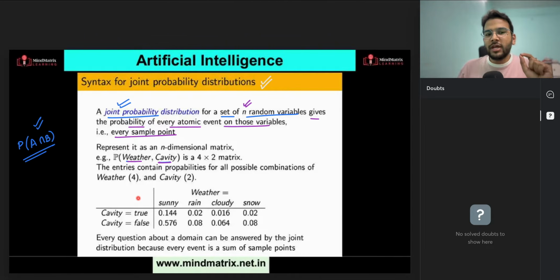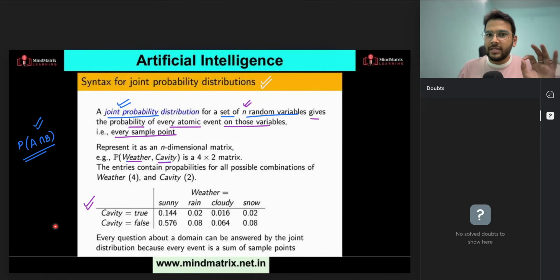That's why I was saying that joint probability distribution can answer any question. For example, if I ask you a simple thing, you all have to answer based on this table. What is the probability of weather being sunny and cavity is true? The answer is simple, that is going to be 0.144.